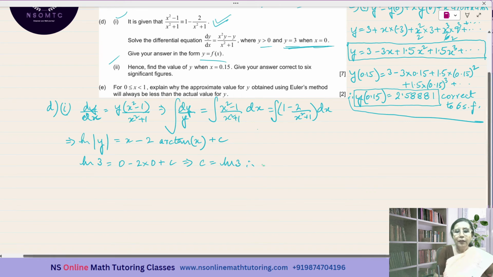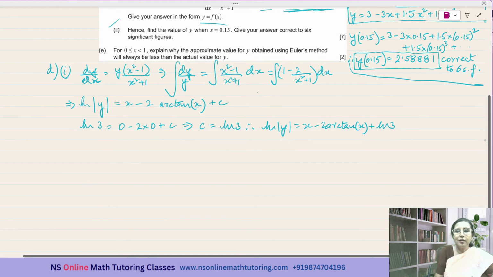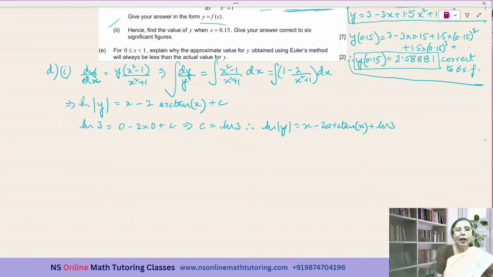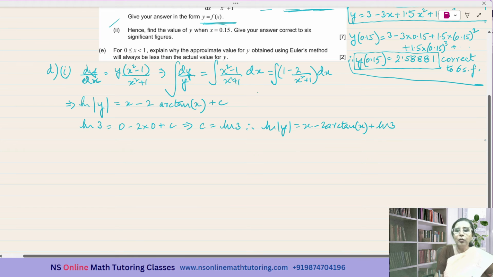Therefore, ln of y is equal to x minus 2 arctan of x plus ln of 3. In place of c, I am writing ln of 3. Okay. And they are asking us to give the answer in the form of y equal to f of x.